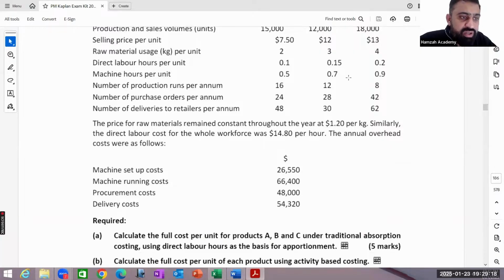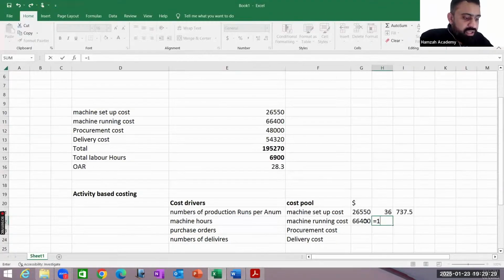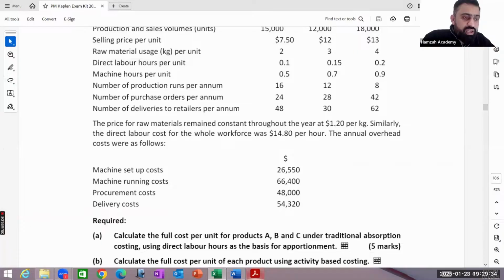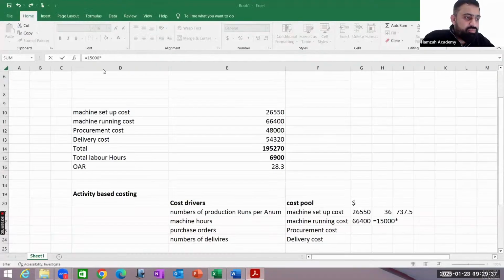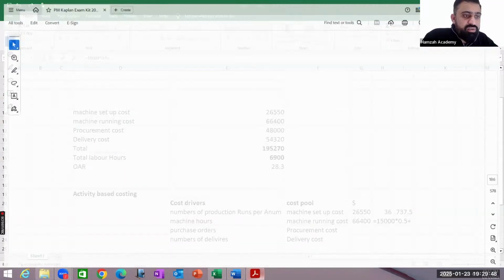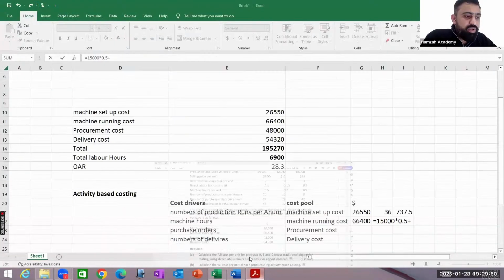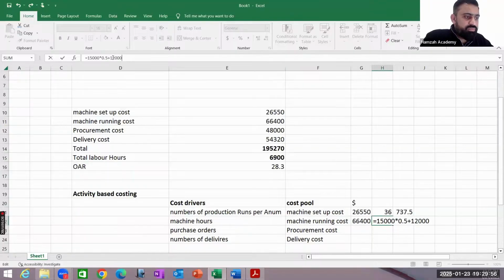And 0.5, 0.7, and 0.9 are the machine hours per unit for A, B, C. So for product A, which has total production of 15,000, the machine hours required is 0.5 per unit. For B, production and units sold are 12,000 and 0.7 machine hours.